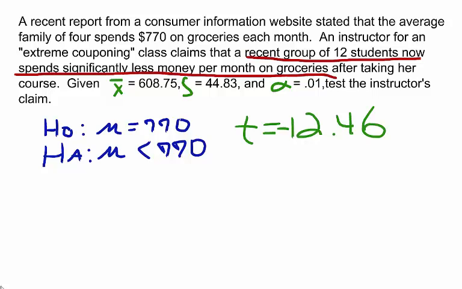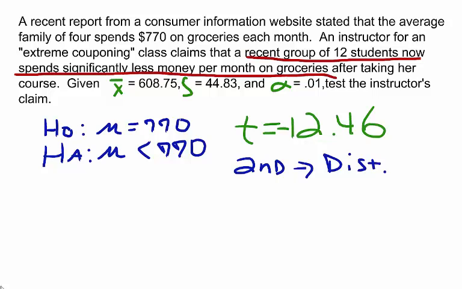So let's calculate the probability. You can use a table, or you can use your calculator. Using the calculator, you'll type in the following commands. Second, distribution, and this is with a graphing calculator, TI 83 or 84.